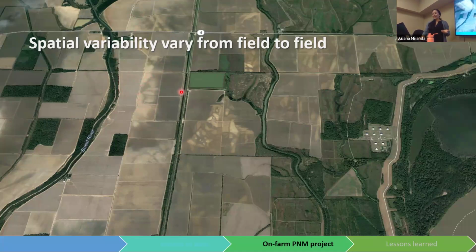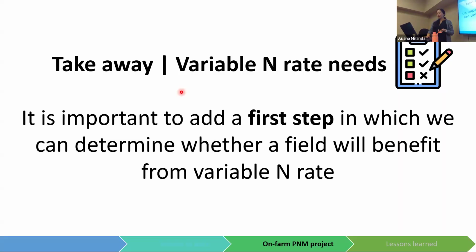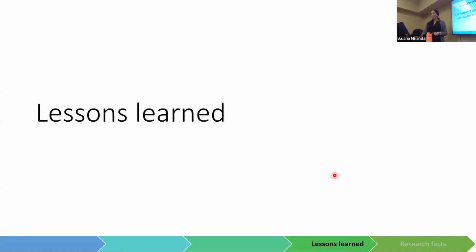So I think that before trying a precision nitrogen management strategy, the first step would be to have a strategy that can tell us, based on the conditions of this field, is it convenient to test this strategy? It's important to add a first step in which we can determine whether a field will benefit or not from a variable nitrogen rate application.